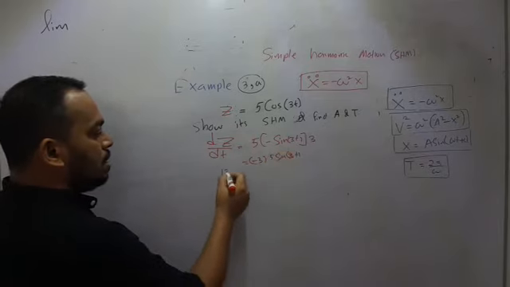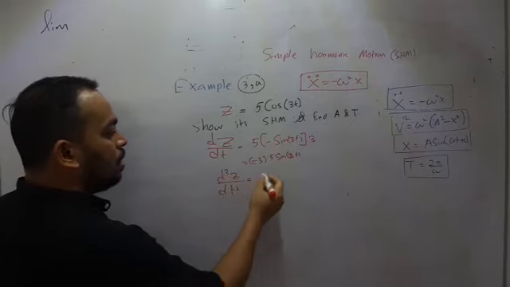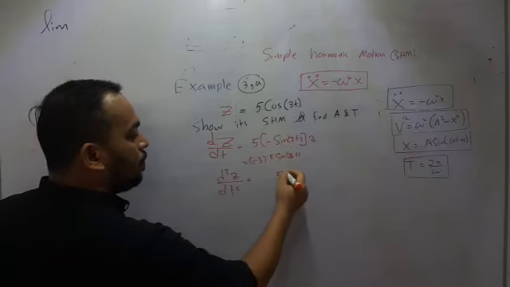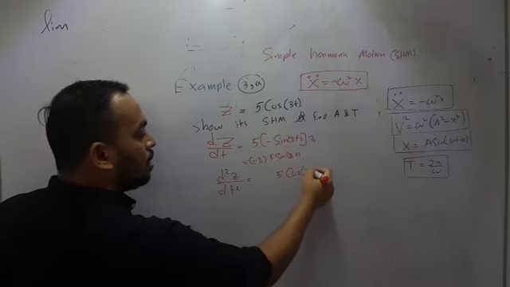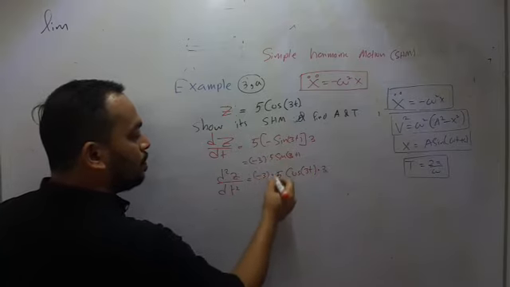Now if I differentiate this again, d squared z over dt squared, I get 5 cos 3t times 3, you have minus 3 over here.